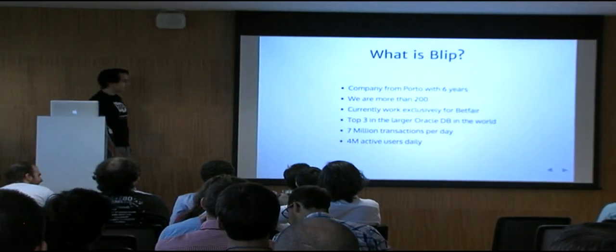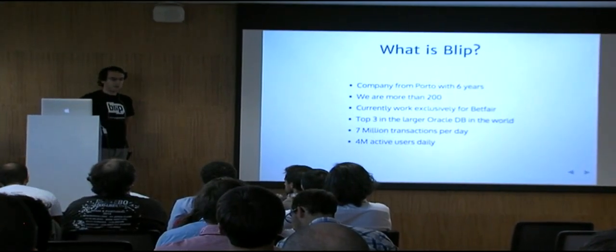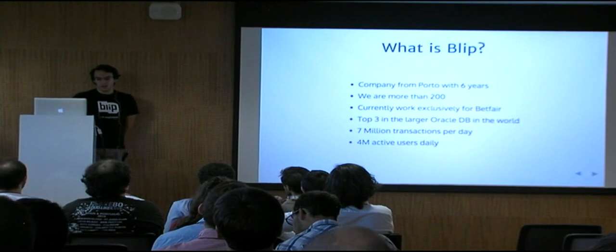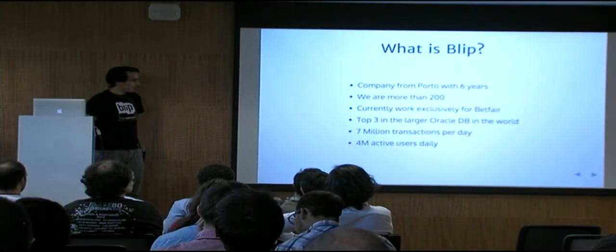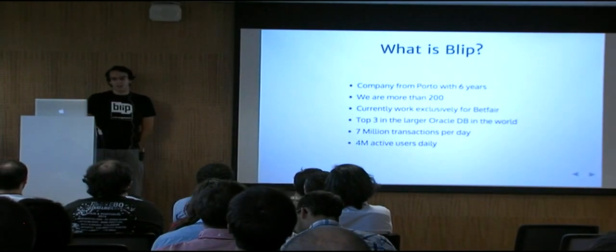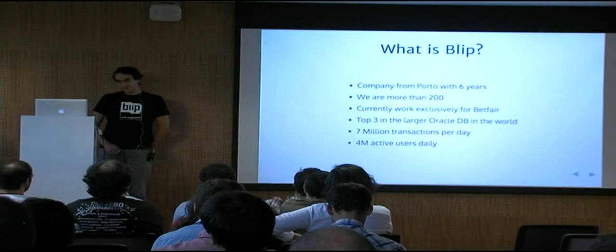What is Blip? Blip is a company from Porto. We are currently more than 200 guys and girls. Currently we are working exclusively for Betfair, a betting company from the UK.